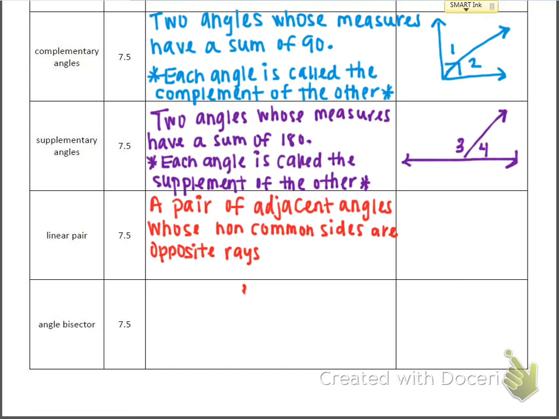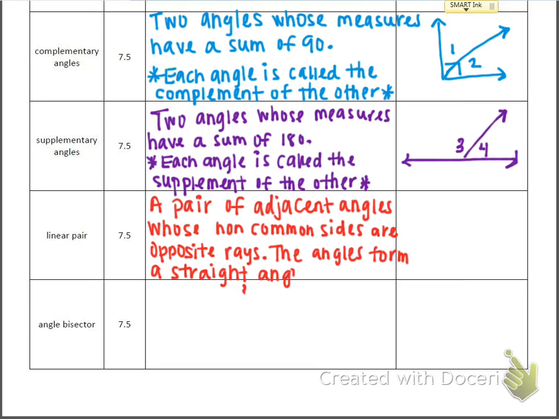The angles of a linear pair form a straight angle. So basically, they are supplementary angles that are adjacent.